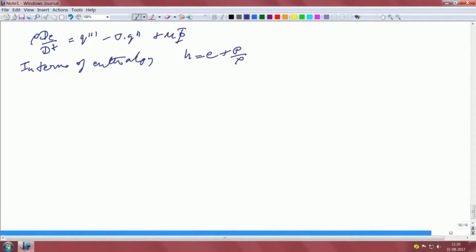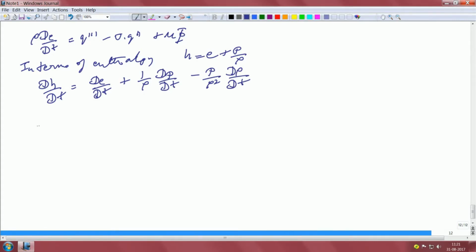So, dH by dt will be dE by dt plus 1 over rho dP by dt minus P by rho square d rho by dt. See if you understood. Got it. So, this is just a simple expansion, that is what we did over here.